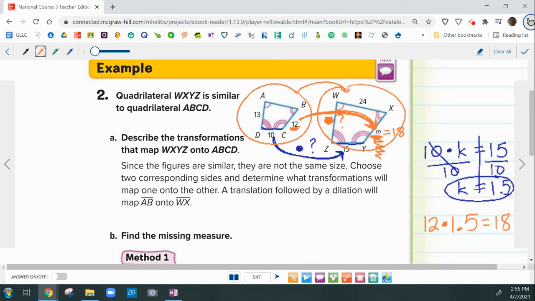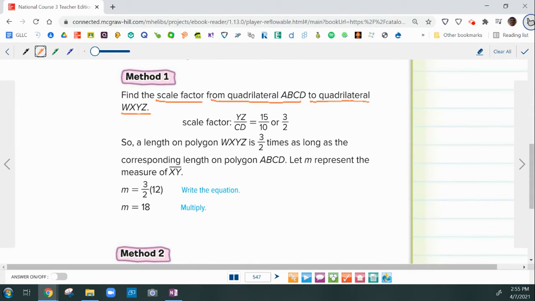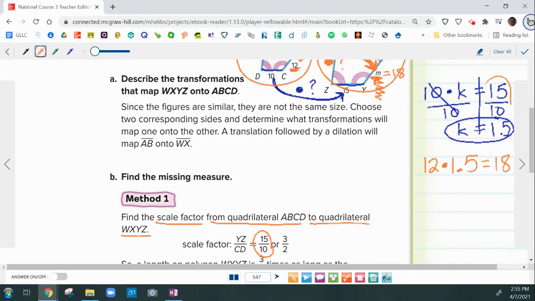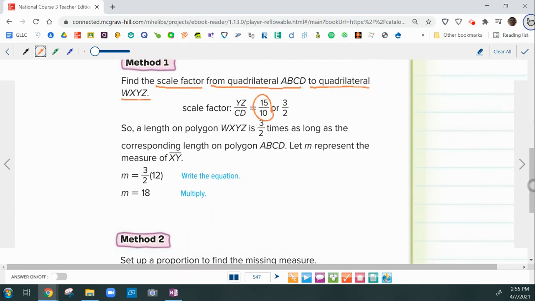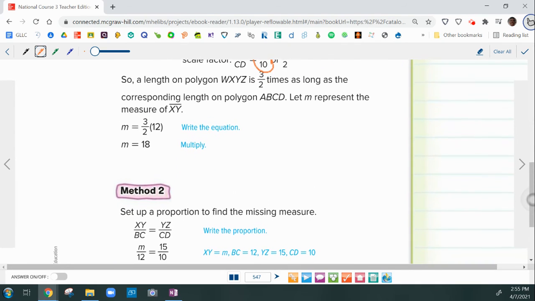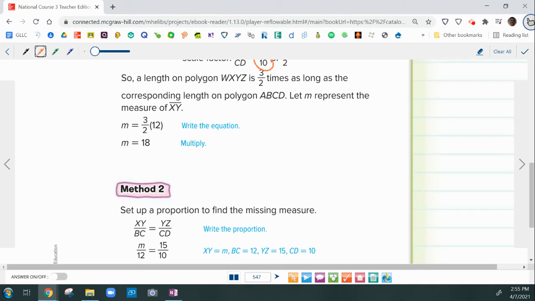That unknown determines which direction we should do and what way we set up our fraction. So we're getting our scale factor, and they did 15 divided by 10, just like we eventually did, and got the 1.5. Just did a little differently. And then, of course, they used that scale factor here. They did 3 over 2 times 12. I just did 1.5 times 12. So you can read through this example to help you.